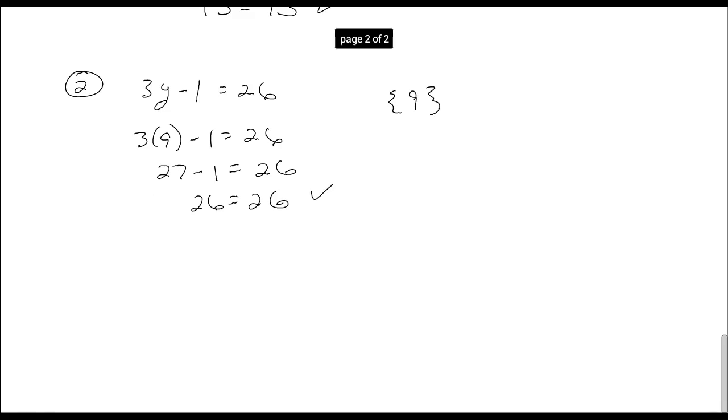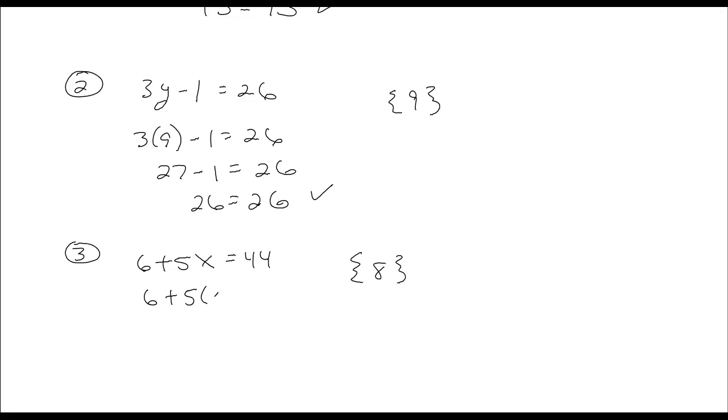For number 3, we have 6 plus 5x equals 44, and they gave us 8. Alright, well if you plug in 8 for x, for the variable, you get 6 plus 40, but that adds up to 46, which is actually not equal to 44. So I'm going to put lines through all the equal signs because it's not true. Okay, so that's how you're going to check it the way they want you to do it on the instructions.